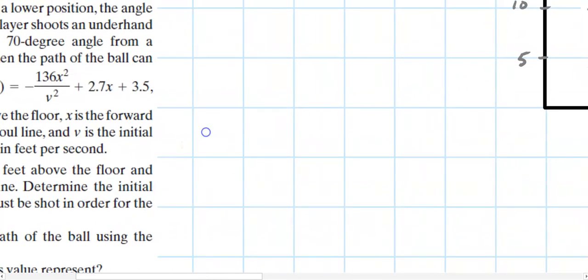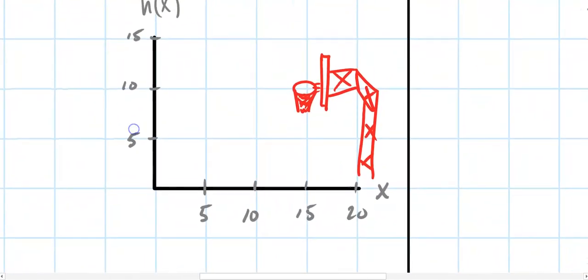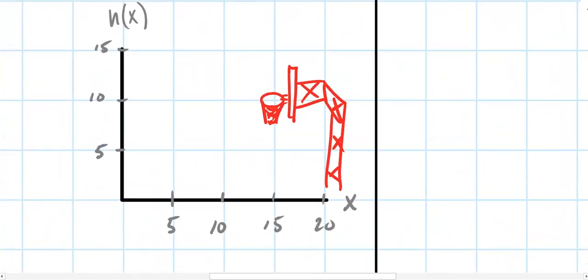So on the side of my paper here, I've got a bit of a diagram where I've got an XY axis where x represents the distance away from the free throw shooter, and y represents the height of the ball. And what we have to recognize is that our goal is to start here at a height of about 3.5 units and to end here at the coordinate 15, 10.